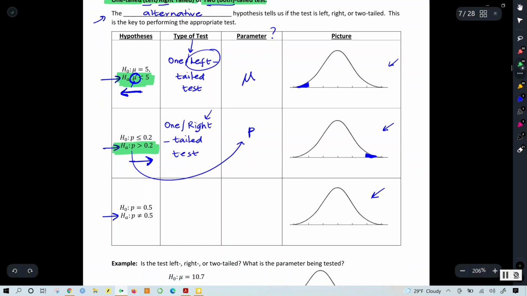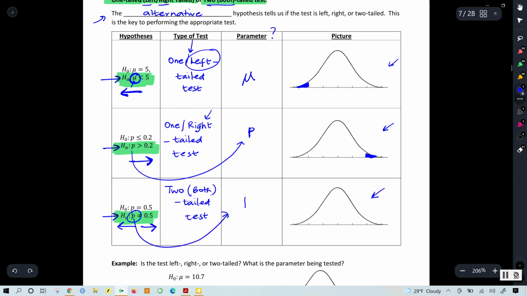Then for the last one, you have the population proportion not equal to 0.5. If it is not equal to 0.5, it means it could be greater or it could be lesser. So this is a case of a two or both-tailed test about what parameter?